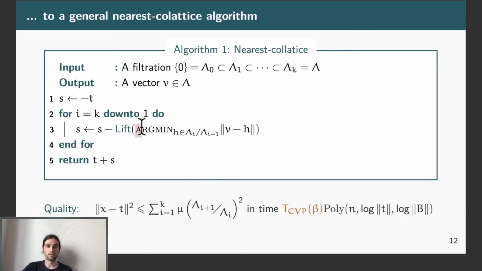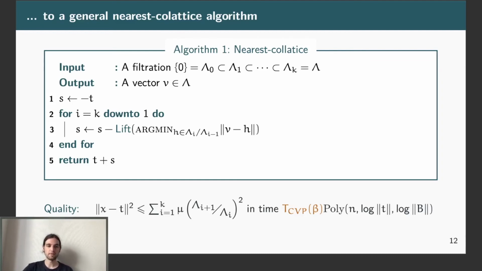The first step is to solve these CVP instances in the successive quotients that will index the blocks where we are doing the CVP, and we subtract the lifting of this value so that we can continue progressively. This is exactly the same structure as the nearest cospace algorithm in dimension 2, that is a Babai algorithm, where instead of solving small instances in dimension 1, we are solving small CVP instances in dimension beta.